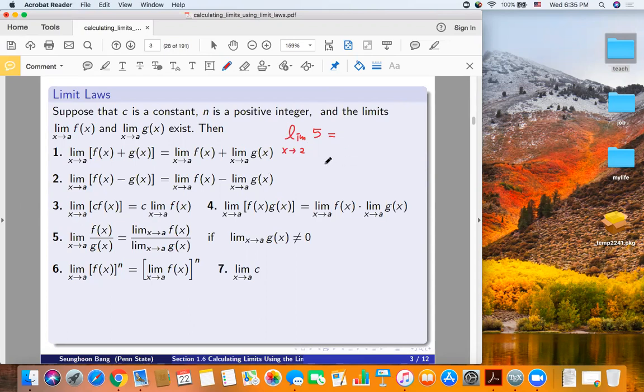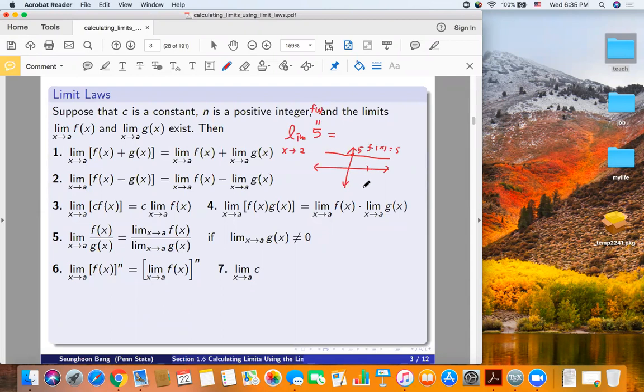Like this, we can draw the graph. This is f of x. f of x equals 5 is this one. So this y value is 5. What about x? x is here.